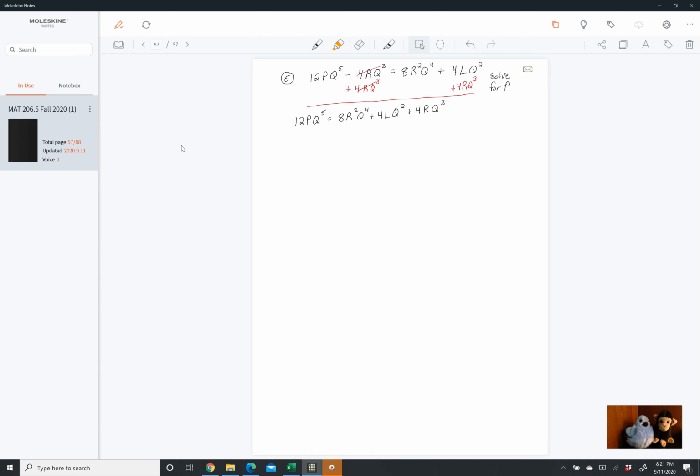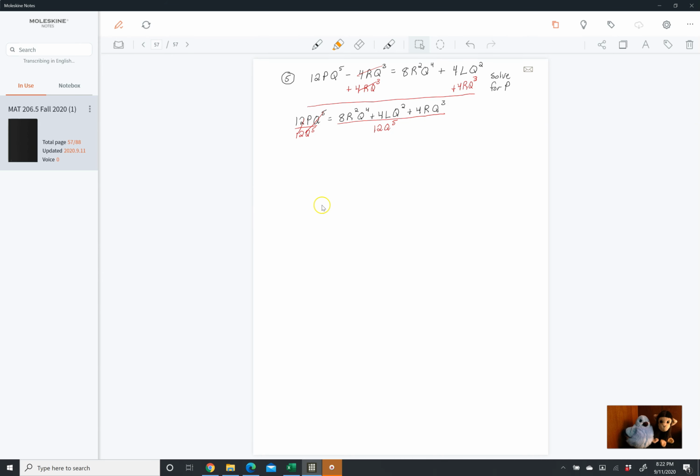Okay, where do we go from here? Well, again, we're solving for the p. We want to get the p by itself. So we need to get rid of the 12 and the q to the 5th. So we're just going to divide everything by that. So it cancels on the left, which is what we want. And let's rewrite this. If there's something to cancel, you can start doing that here.